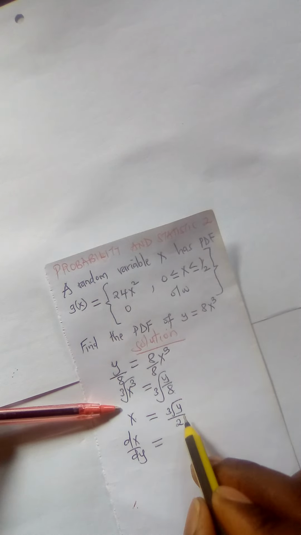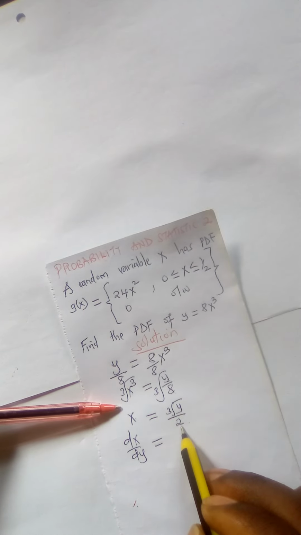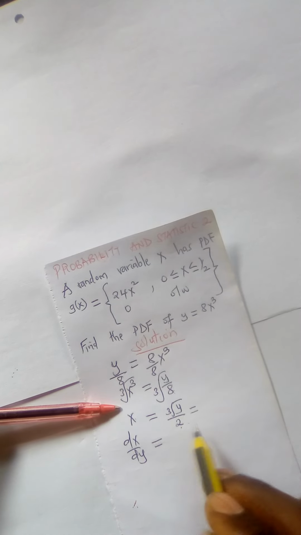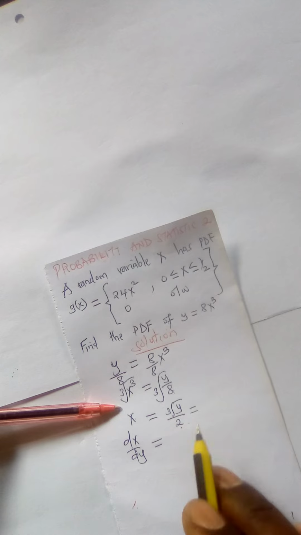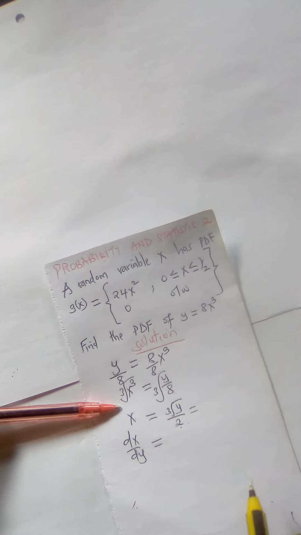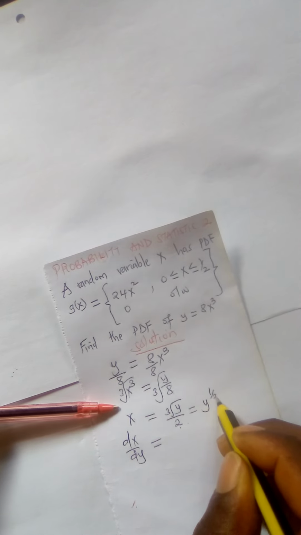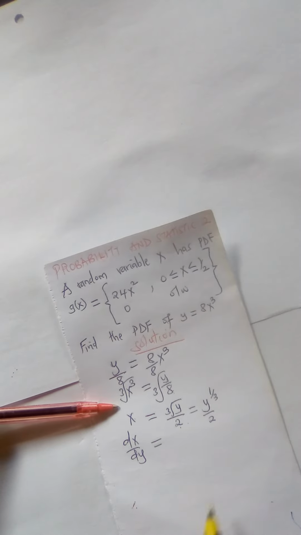To do that, you write the cube root of y over 2 in another way. I can write the cube root of y as y raised to a third, which means the same thing, but I divide it by 2. I'm doing this because when we find dx/dy, I must use this form.